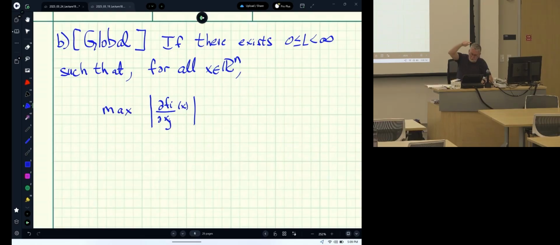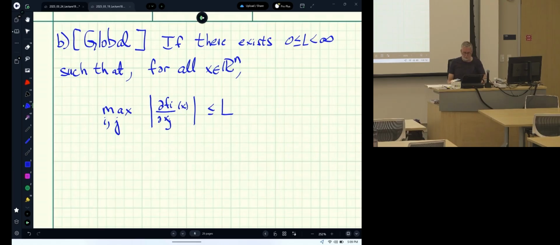So the I is the row in the function on the right-hand side of the ODE. The J is between x's 1, 2, 3, 4 to n. So this is the max over all of those indices in the n by n matrix that is the Jacobian.